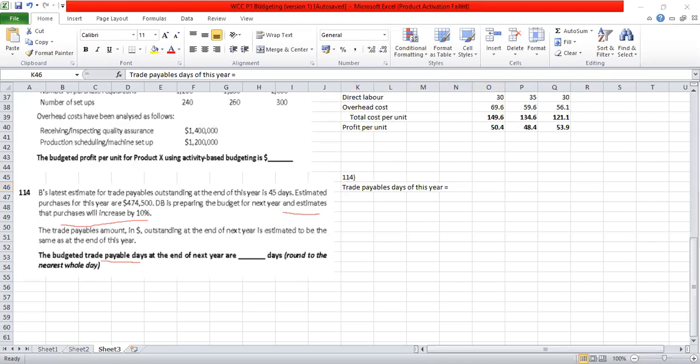The formula for trade payable days is: in a year of 365 days, they are allowed a credit period of 45 days. So what is the base for that? Since the transactions were purchases, it is the purchases turnover ratio, or very specifically, the payables turnover ratio.